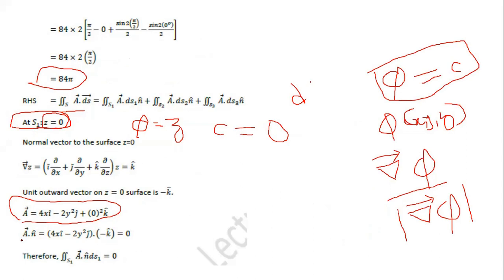Then when you take the dot product A dot n cap, your n cap is minus k cap. So i cap dot k cap is 0, and j cap dot k cap is 0. Therefore, this integration, or the flux of the vector field across the bottom circular surface, will be 0.